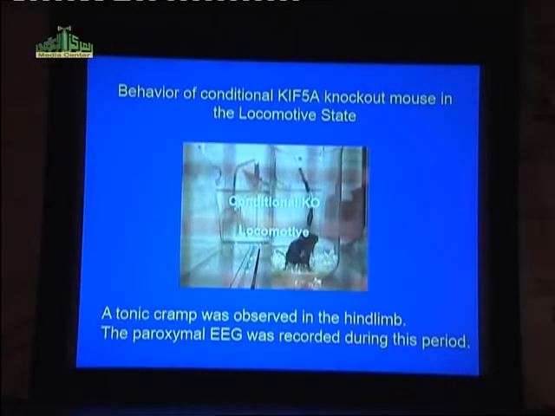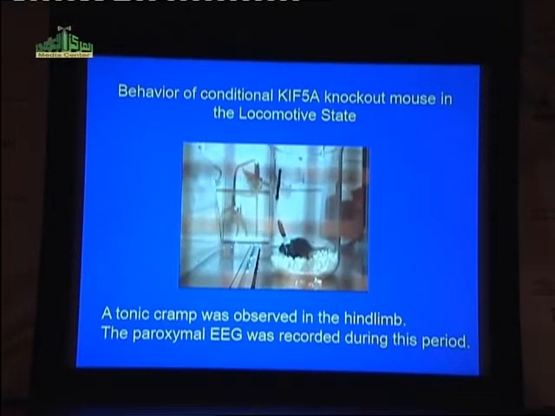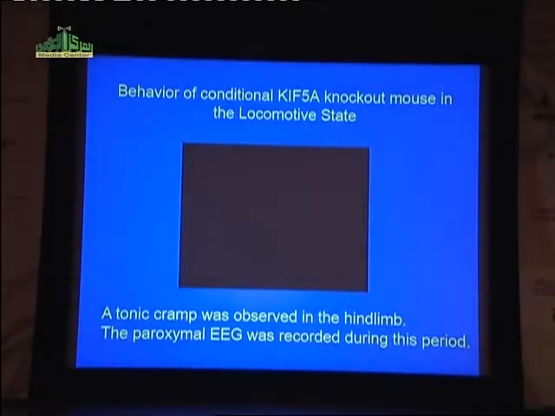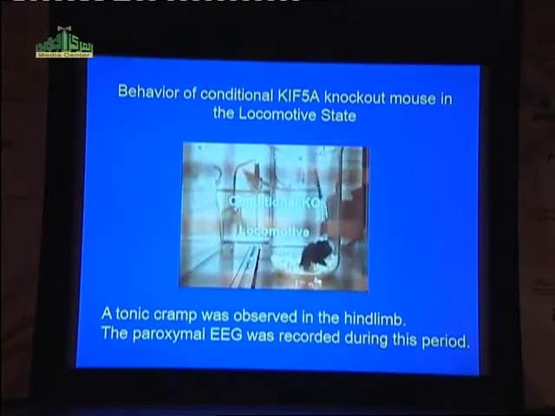So I show you one example. The conditional knockout locomotive state. You can see the seizure here. A tonic cramp was observed in the hindlimb. Okay, I repeat this again.